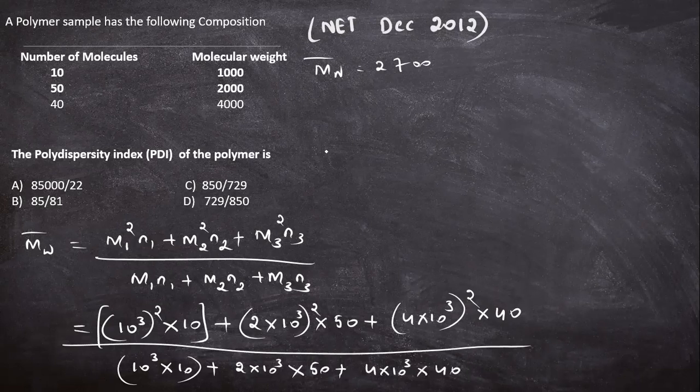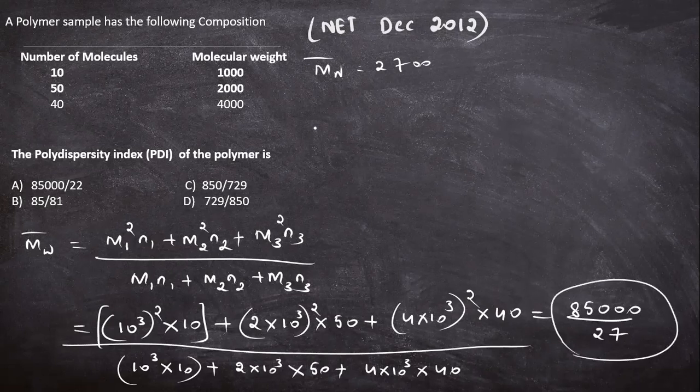If you solve this, you will get 85000 divided by 27. So this is the value of Mw.